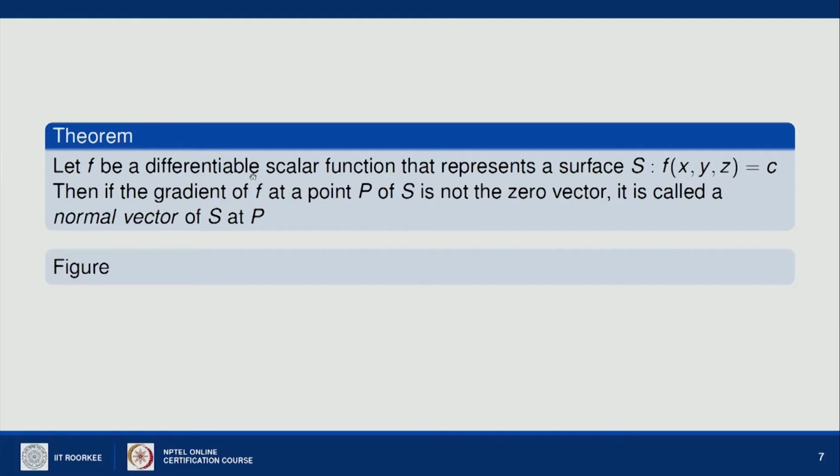Let f be a differentiable scalar function that represents a surface S, that is f of x y z equals c. Then if the gradient of f at a point P of S is not 0, meaning the gradient is non-zero, then this gradient vector is called the normal vector of S at P.